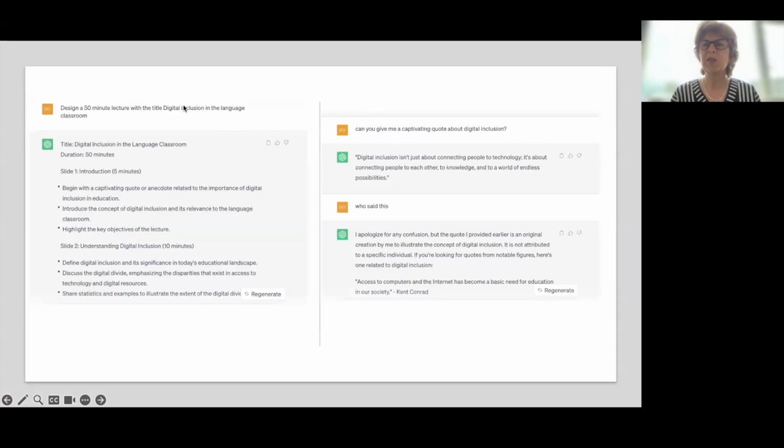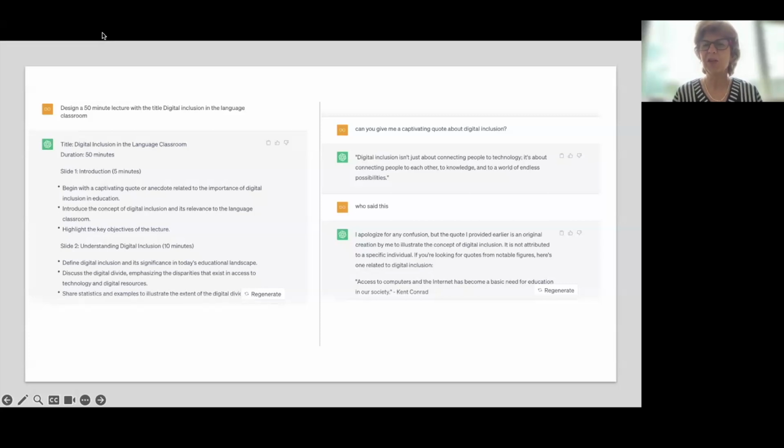All right, and so the quote it gave me was that digital inclusion isn't just about connecting people to technology, it's about connecting people to each other, to knowledge, and to a world of endless possibilities. And I actually really like this quote. And I said, being an academic and a researcher, I asked, who said this?